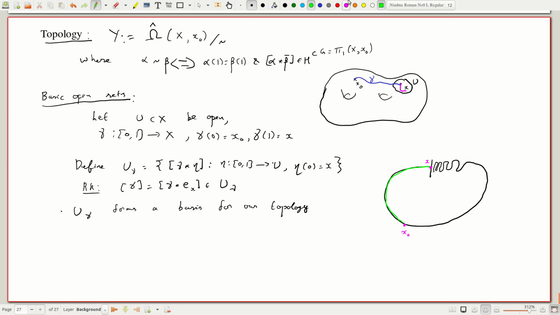You notice that if I took a neighborhood U which sat around this and looked at paths within U, I will never reach this side. So the neighborhood is going to be only things on the left. This means that in terms of the topology, this quasi-circle opens up, which is kind of nice in a way.